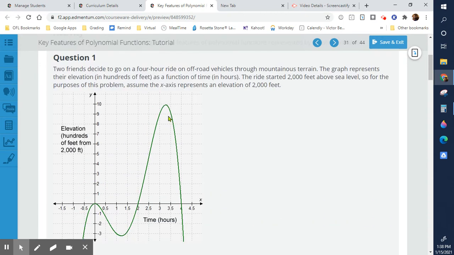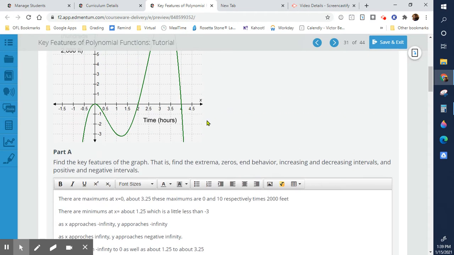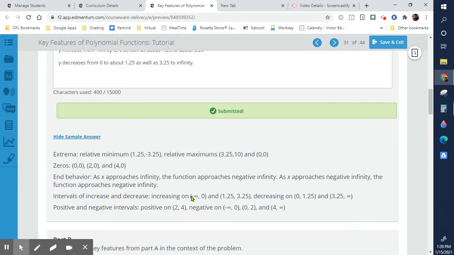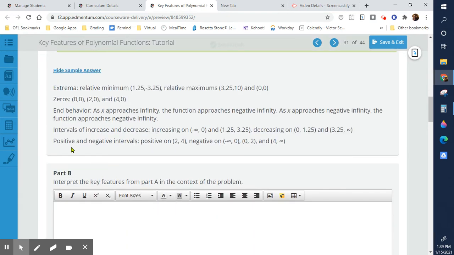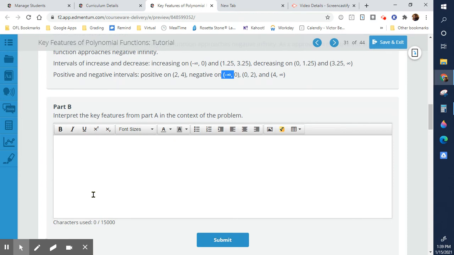And then it's also going to decrease from about 3.25 all the way to positive infinity. We're talking about the x values, not the y values. I'm sorry. So from 3.25 all the way into infinity, this thing's going to decrease forever. They use these little symbols, but unfortunately, I didn't see that symbol, so we can't really talk about it.